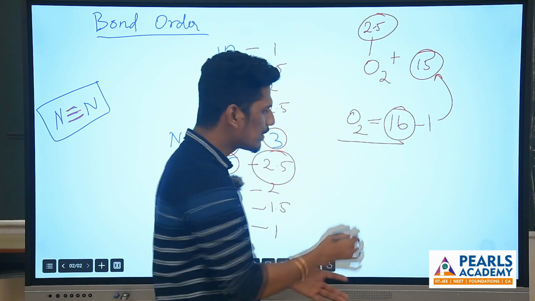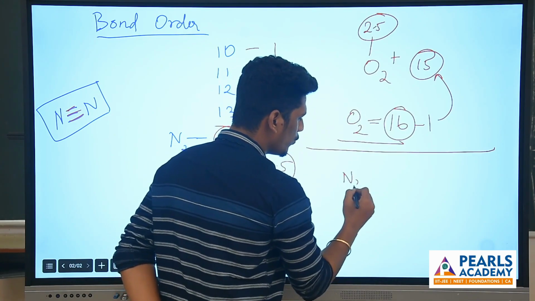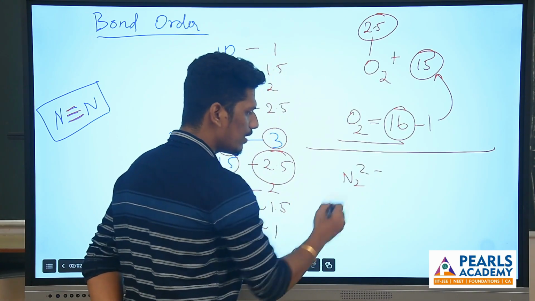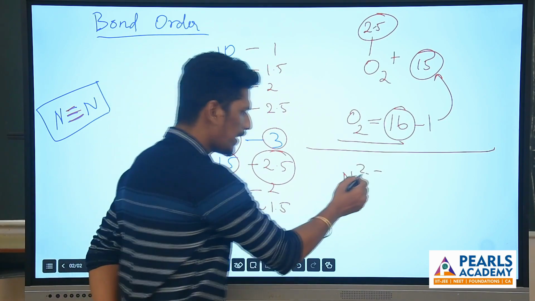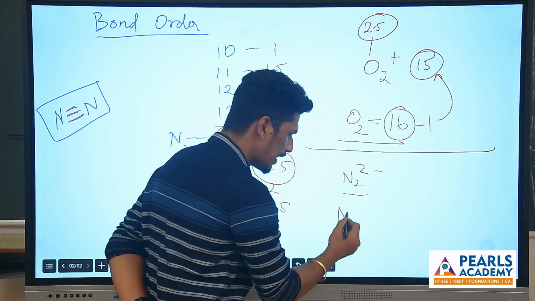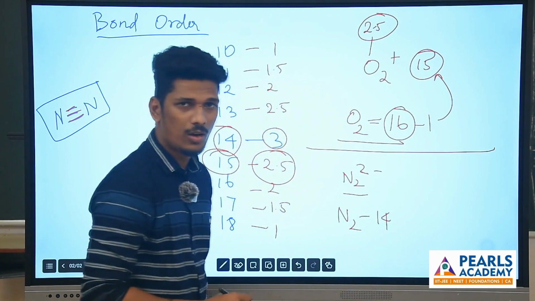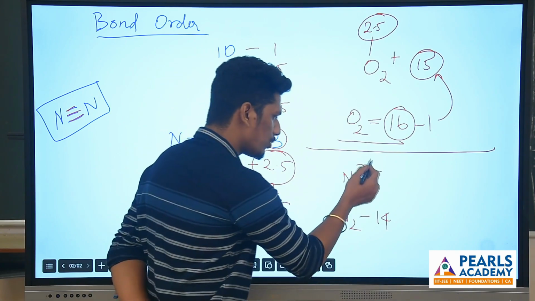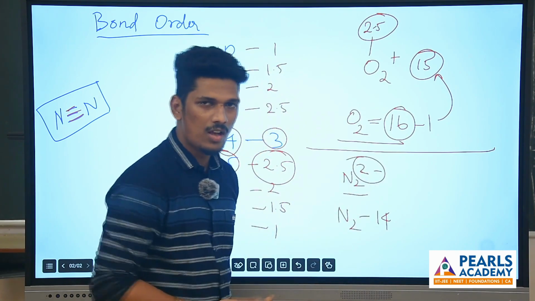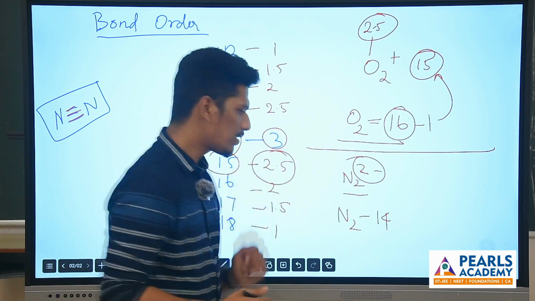That's it. Very simple. If they are giving you N2 2 minus, the same procedure. You just find the electrons present in nitrogen first of all. If you take a neutral nitrogen molecule, it is going to have 14 electrons in its shell, and 2 minus means what? Plus means lost, minus means gained. How many electrons are gained? 2 electrons are gained.